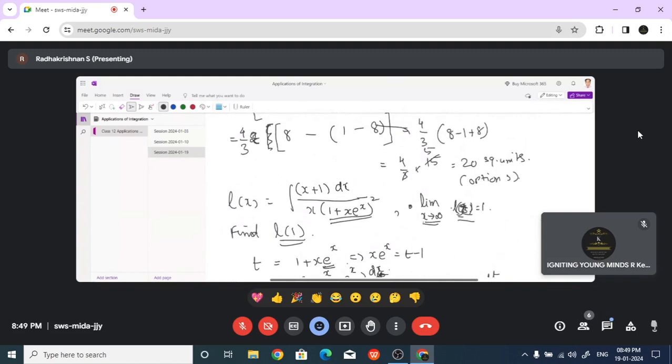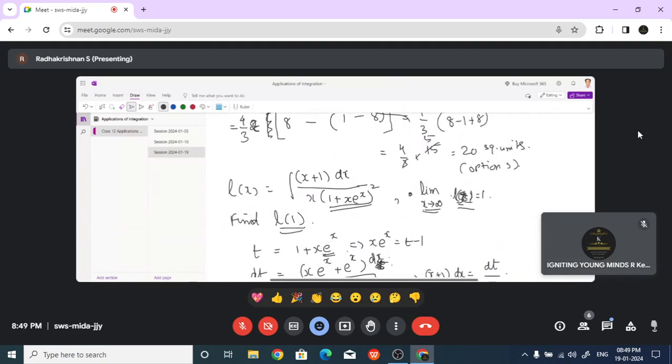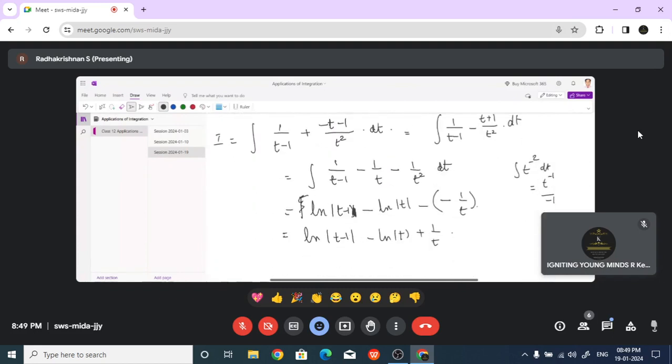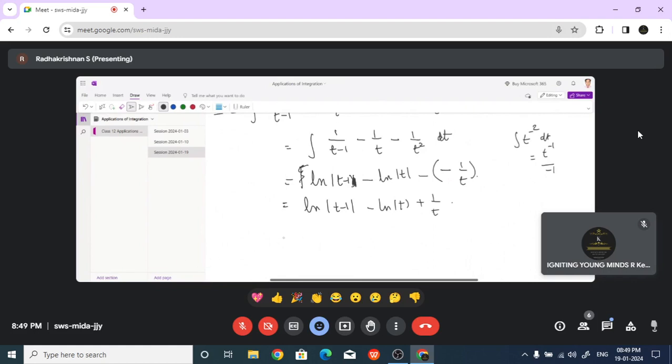We have to substitute t equal to 1 plus x into e power x, plus c, and 1 by 1 plus x e power x.